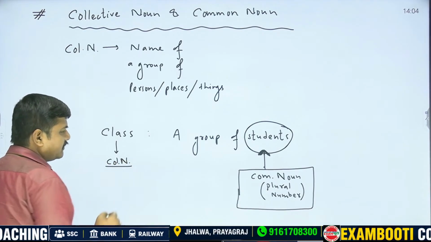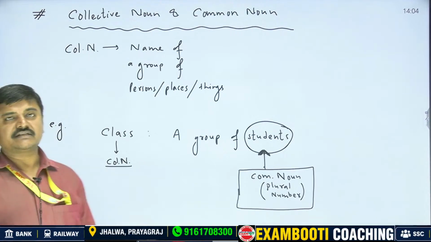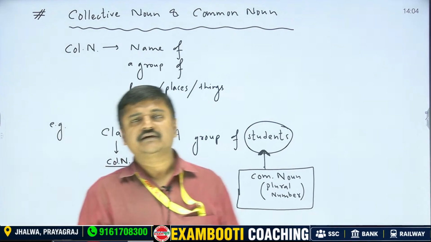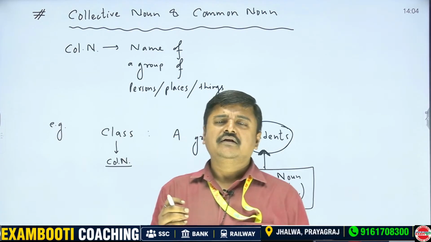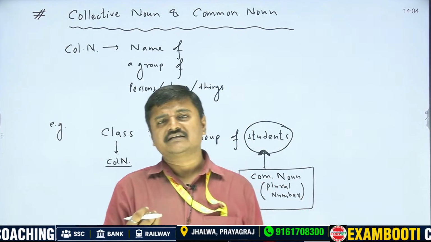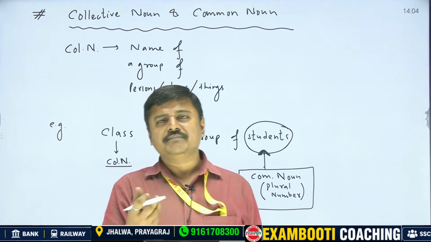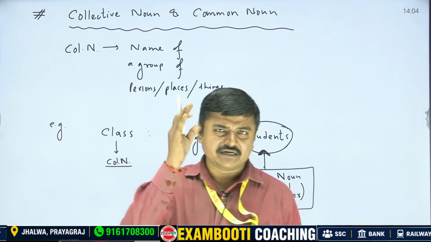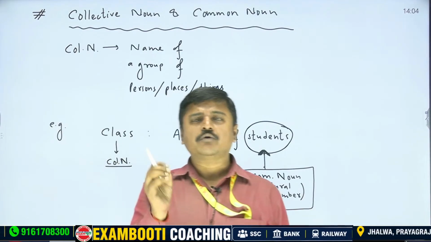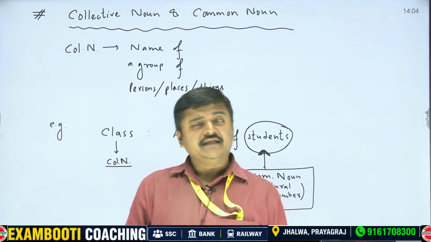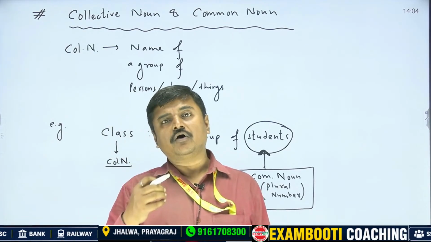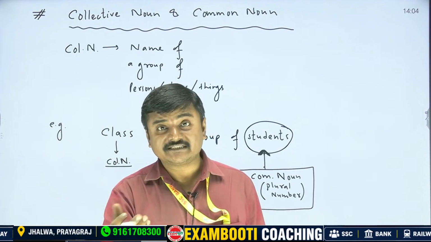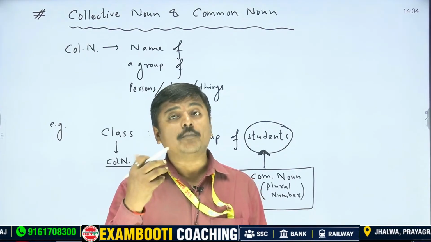Now I have taken a very easy example. You all know that class is a collective noun. And what is the meaning of class? Class actually means a group of students. Everybody knows that. There is no doubt about that. It means class is actually representing a group of students. Students means common noun.